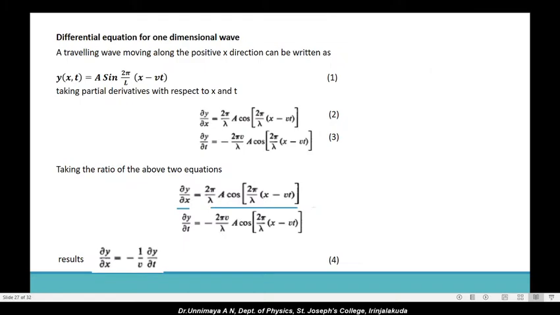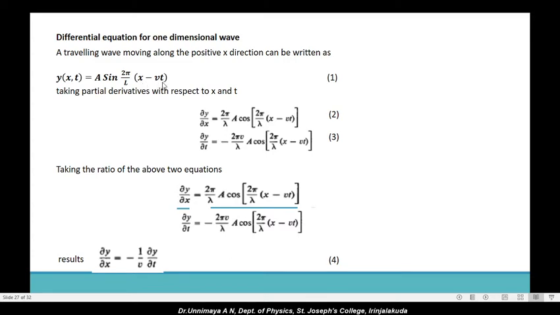A traveling wave moving in the positive x direction can be represented as, we all know this expression, y of x comma t is equal to a sin 2 pi by lambda into x minus vt, which means that the wave is moving in the positive x direction, that is v is equal to x by t.